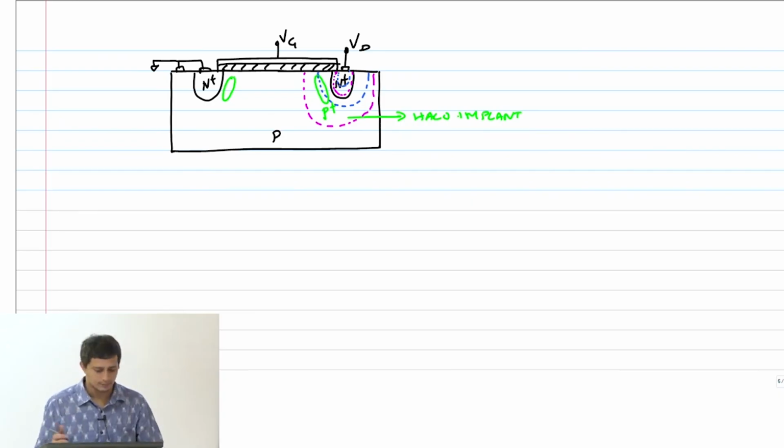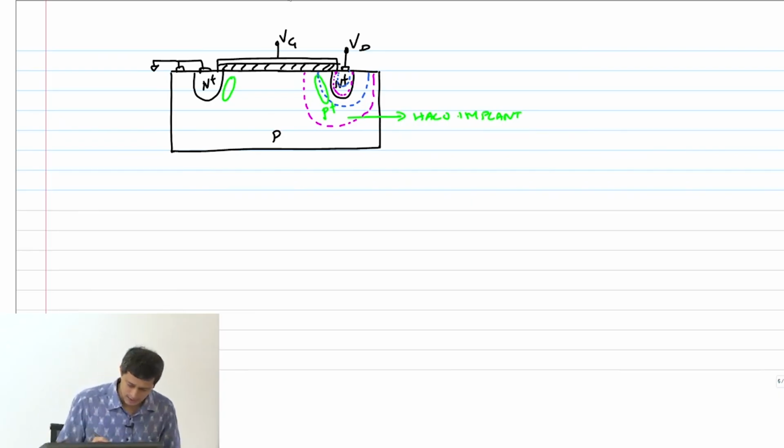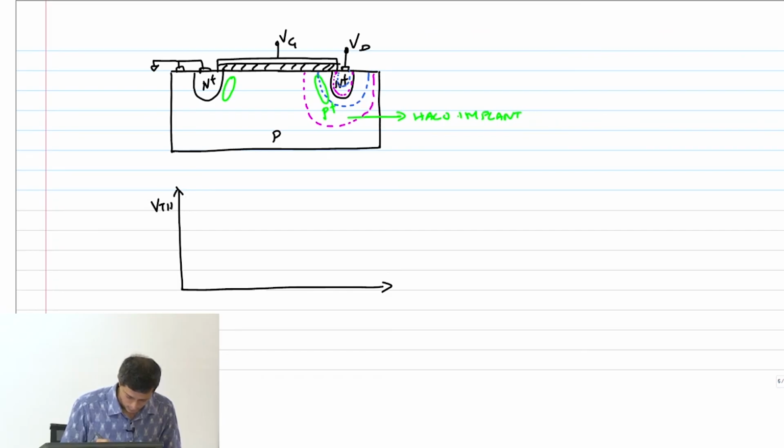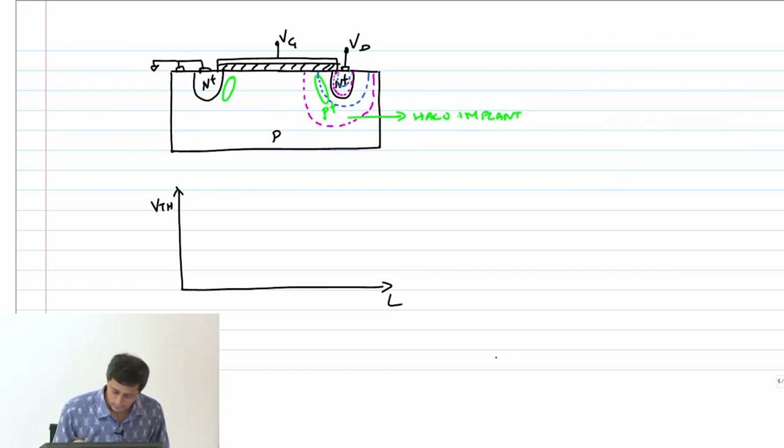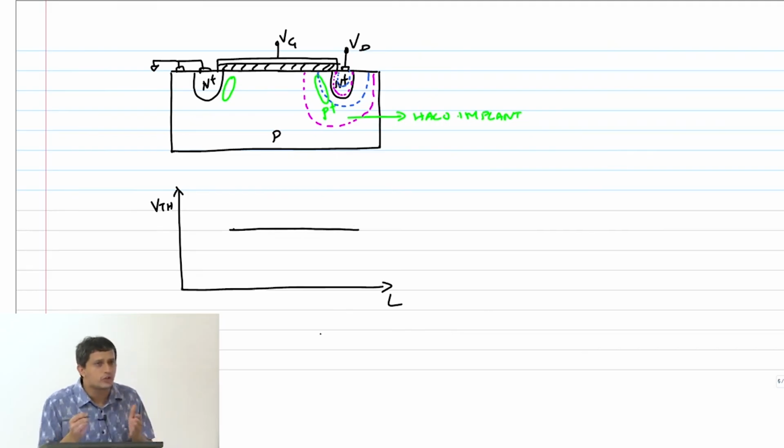Okay. So this now brings us to what is known as dependence of VT on channel length. So if channel length is long, what will happen to the VT? Yeah, it's basically a constant. It will be like this. Now, short channel effects come in.